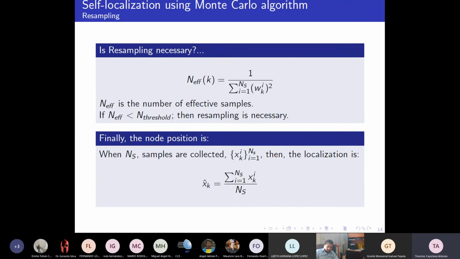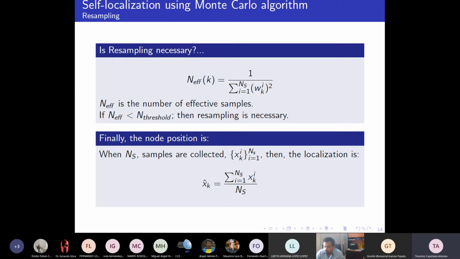But sometimes, when we are collecting the samples, some samples or most of them have a 0 weight. This is a problem because then the PDF obtained cannot represent the real PDF. What we need to do in this case is to follow a resampling process, obtained from the sample set obtained previously.